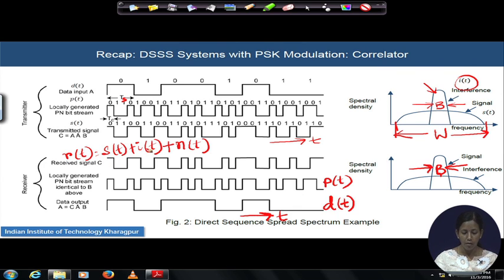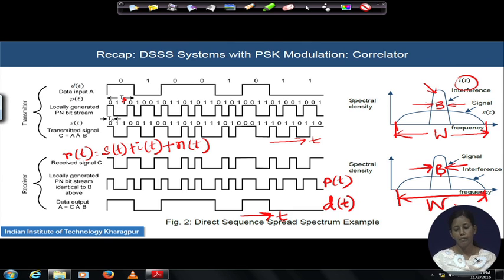I(t) multiplied with p(t) will expand the bandwidth of I(t), and hence the interference will now be spread over the bandwidth of p(t), which is W.